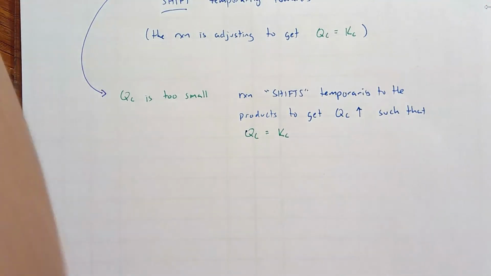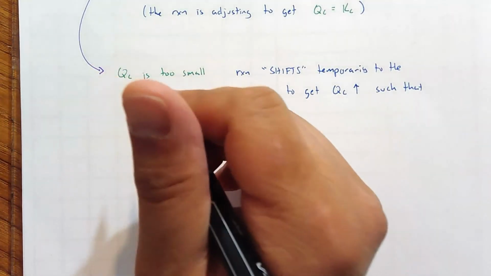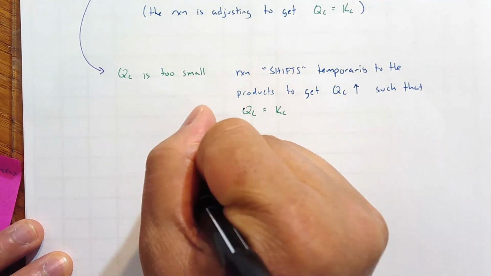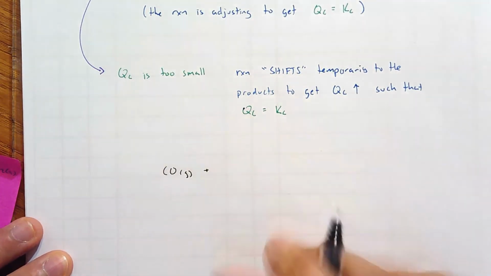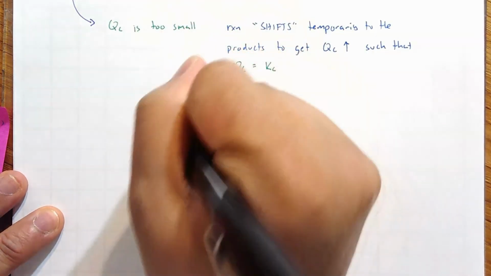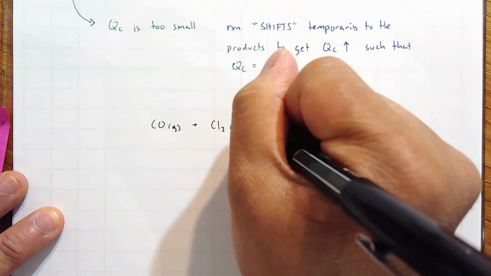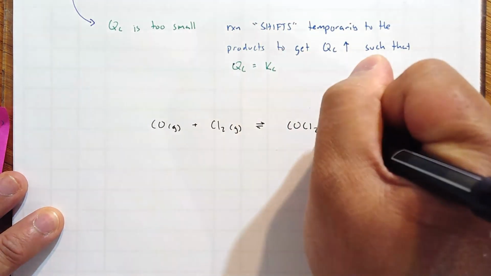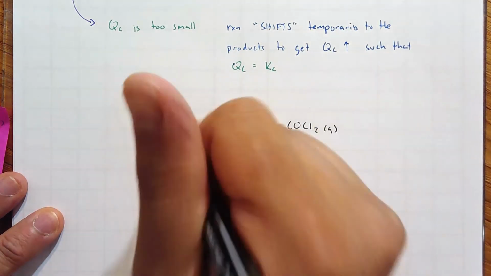actually I have one set up. If we have this reaction, CO gas plus Cl2 gas goes to, in equilibrium, COCl2 gas.